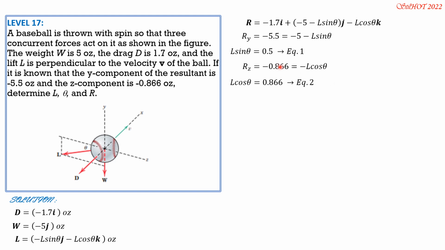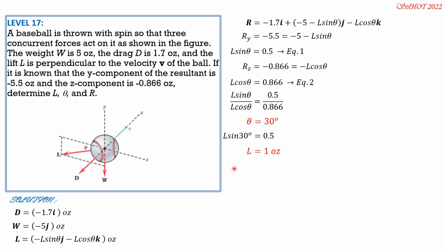Dividing equation 1 by equation 2, L sine theta over L cosine theta, cancel L, so tangent theta is 0.5 over 0.866. So inverse tangent of 0.5 over 0.866, theta is 30 degrees. Substitute in equation 1 to solve for L. L sine 30 degrees equals 0.5. So the lift force is 1 ounce.